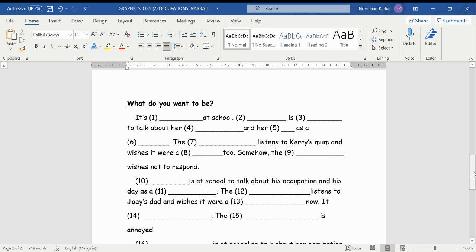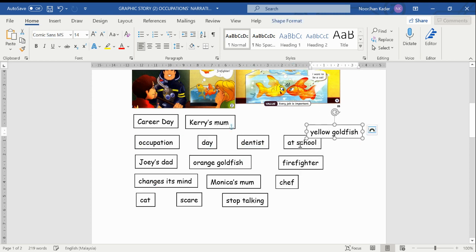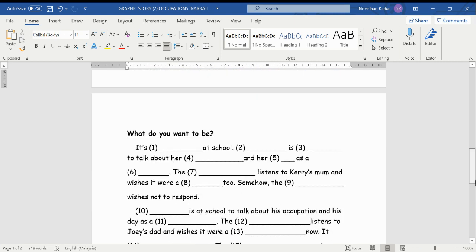So this one is where? At school, correct? So now we have to change. This one has to come down here, and this one has to go up. Okay, so let's try. Carrie's mom is at school.